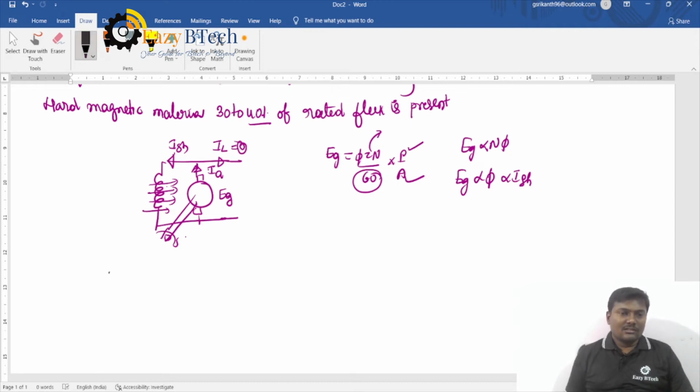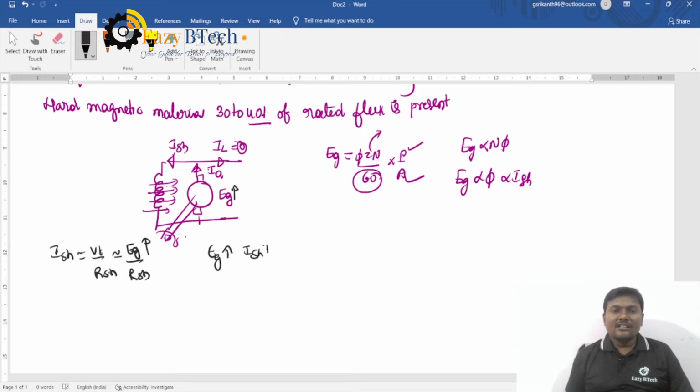Now if Eg increases, ISH is equal to Vt divided by RSH, which is approximately equal to Eg divided by RSH. As the generated EMF increases, the shunt current increases. That means the field current increases.